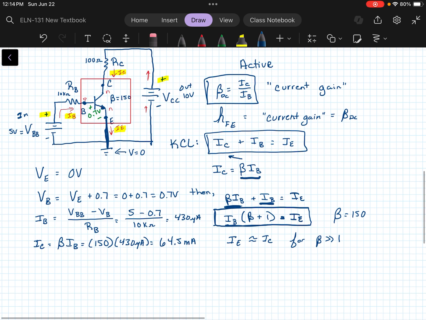Now, a couple ways you could look at IE. That's going to be IC plus IB. It's also IB times beta plus 1. Either of those equations is fine. So 430 microamps of IB plus 64.5 milliamps of IC.